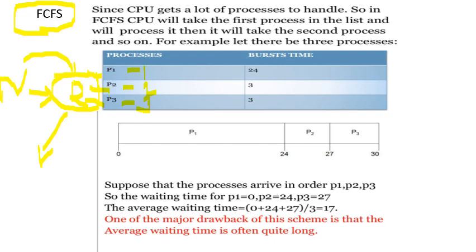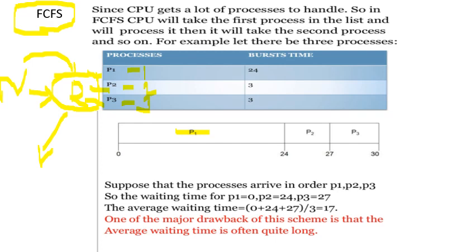As process P1 has arrived first, it will pick process P1. With the help of this Gantt chart, we can see how the execution is going. Based on the arrival time, process P1 has got the chance to execute its program.